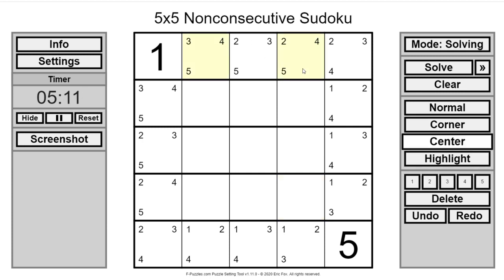4 is very likely to be in one of these two spots. Right, it's the same trick as last time. Alright, if a 4 is here, then this has to be both 3 and 5, so this isn't a 4.